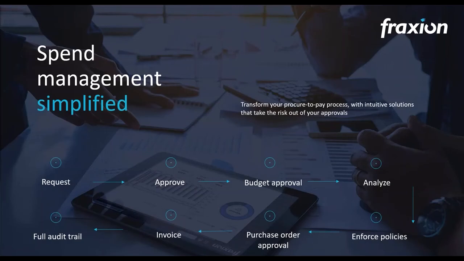Fraction, this is a new company name. Fraction actually merged with eRequester, and now the company is called Fraction. Fraction's two products help you with spend management by offering visibility, efficiencies, and controls over requests for purchases and invoice payments.